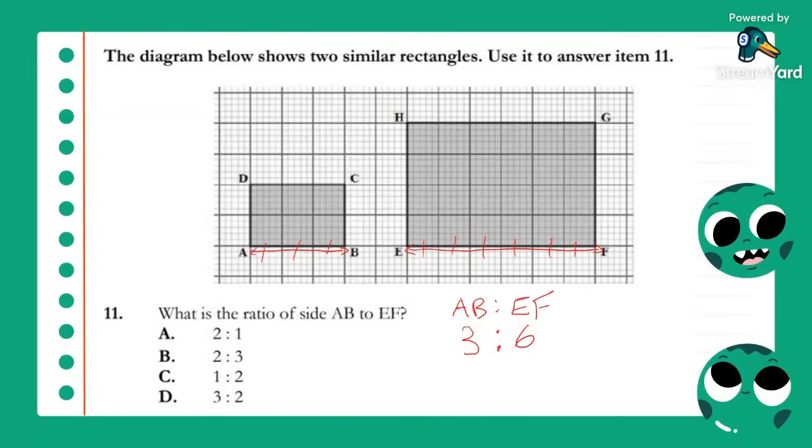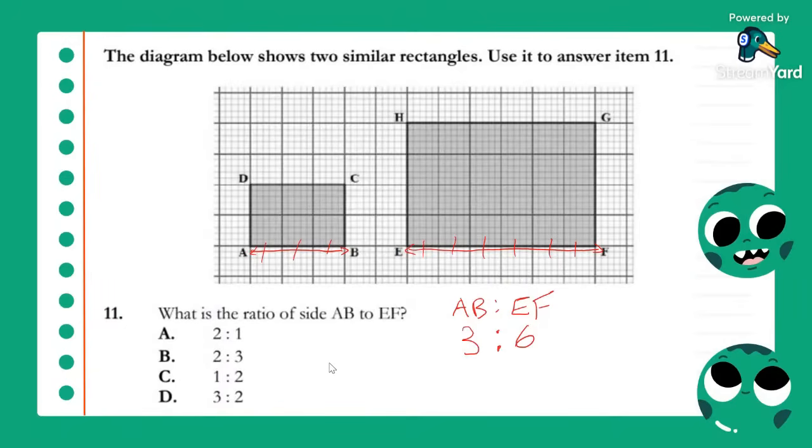So the ratio would be 3 to 6. But if you notice, this ratio can be written in a simpler form. Thank you, Christine, 3 to 6, you are correct. But if you also notice that in the responses, we have the simplest forms. So let us put this in the simplest form.